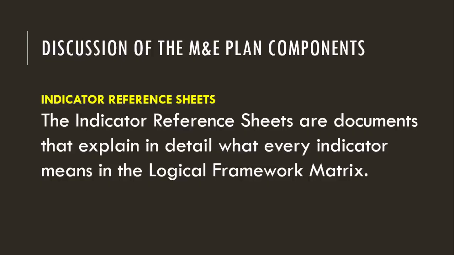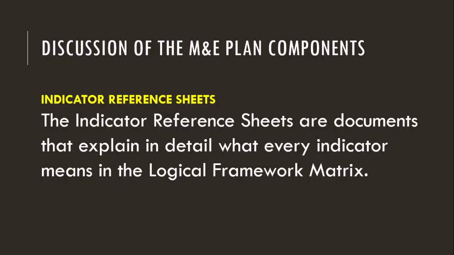You can get a document and look at an indicator, for example, one which says increased well-being and livelihoods of people in a certain area. The word livelihood can mean different things to different people. One could think that livelihood means improved incomes. Others might think it means improved food security.